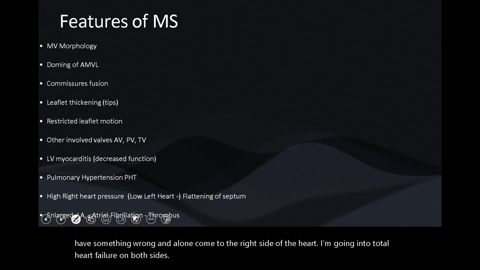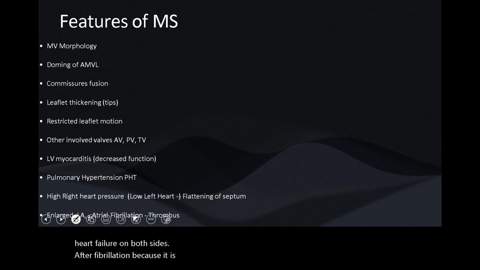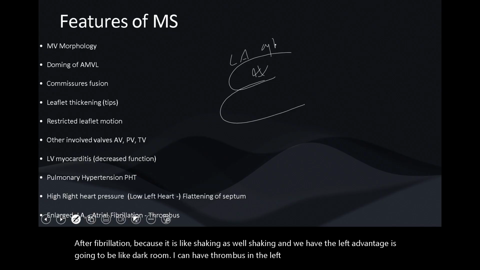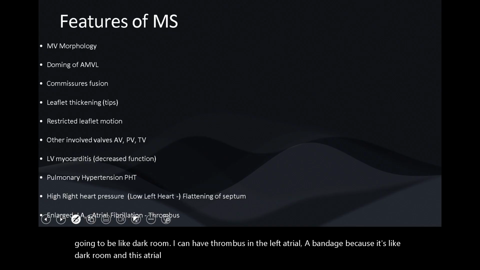Atrial fibrillation is like shaking, the whole thing shaking, and the left atrial appendage is going to be like a dark room. I can have thrombus in the left atrial appendage because it is like a dark room, and with atrial fibrillation there is no such movement of the bloodstream.